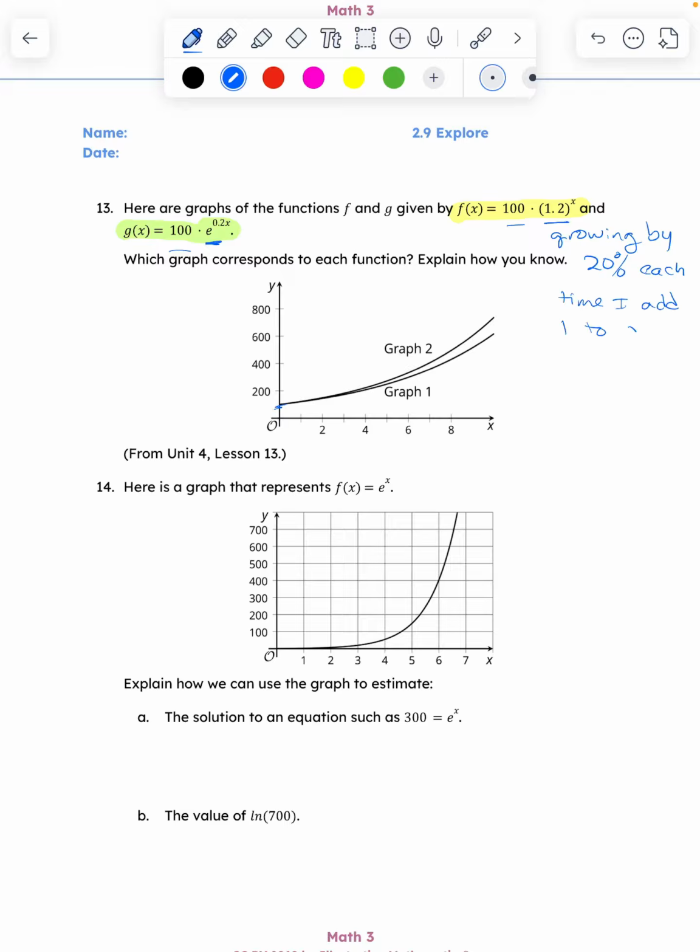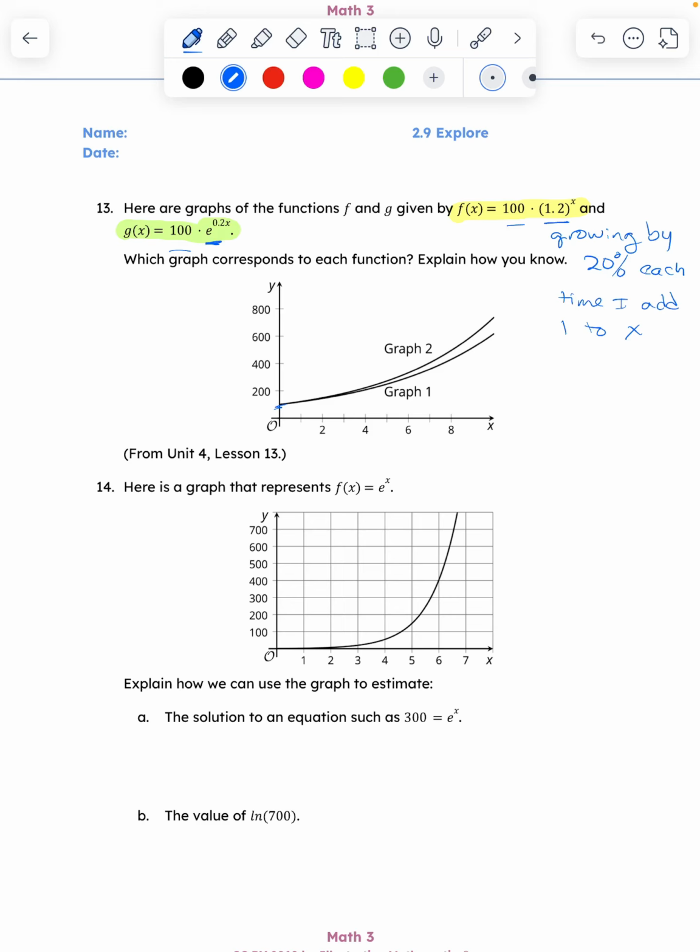Each time x gets bigger by 1, I get another 20%, another 20%. If I imagine x as years, then I'm growing by 20% each year. And it's easiest probably in this function to imagine it in years, even though we don't know for sure that it's annual growth, but it doesn't matter what kind of growth it is. It's just easier to give us that benchmark in our brains.